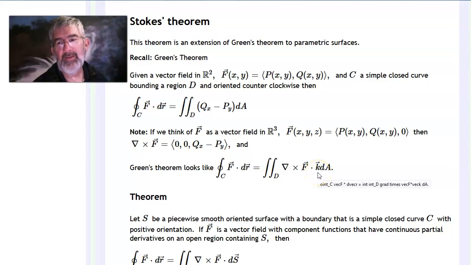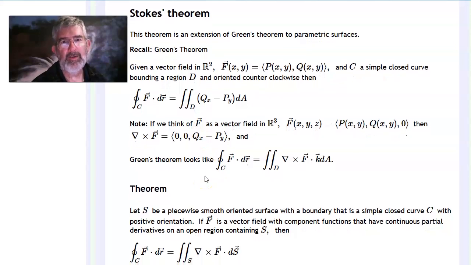So this N dA is precisely what we were doing for a flux integral, right? Anyway, the curl dotted with the normal vector there gives us what we're integrating here for Green's theorem.